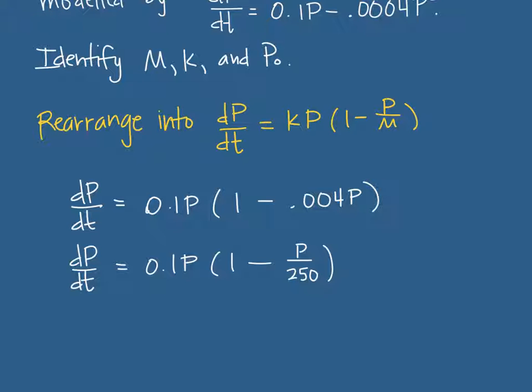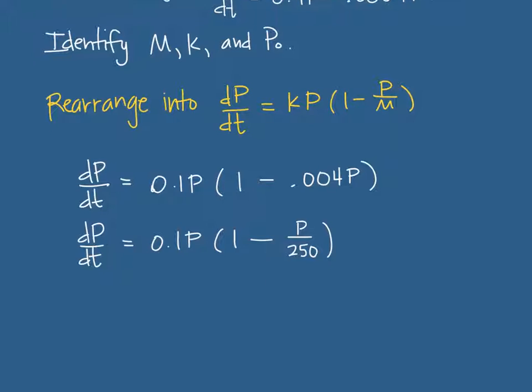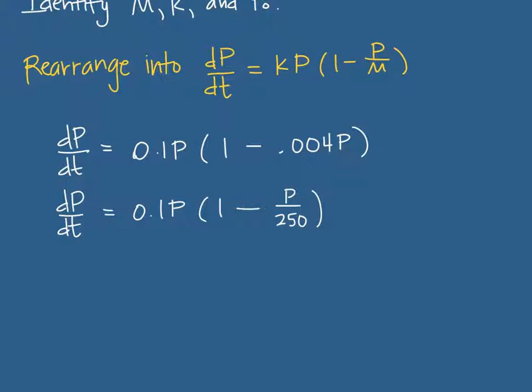So once you've factored, then it's easy to identify the m, the k, and the p sub 0. So m is going to be what value? 250. K is going to be what value? 0.1. Okay, now p sub 0.